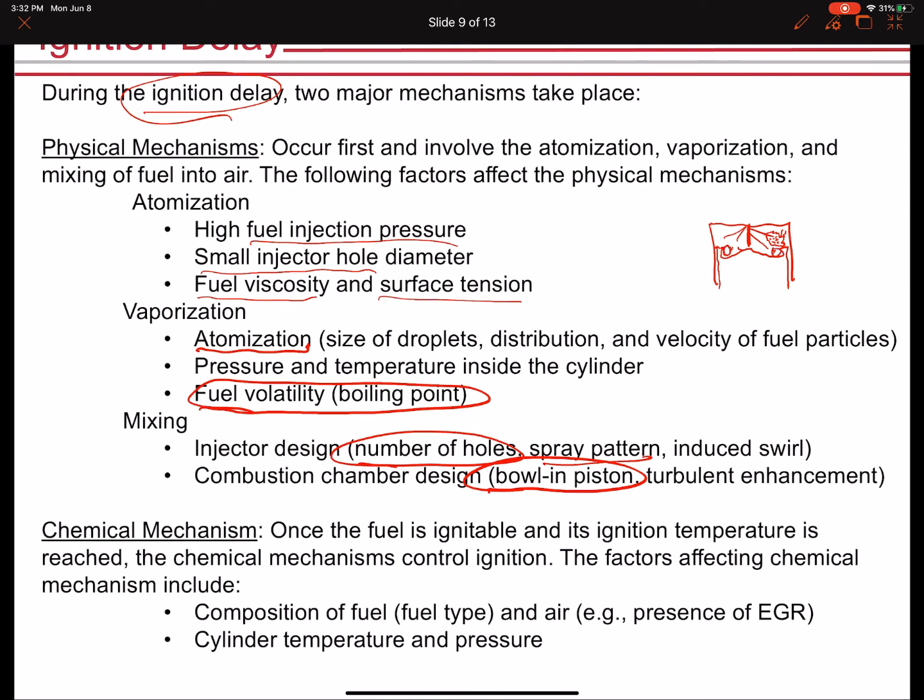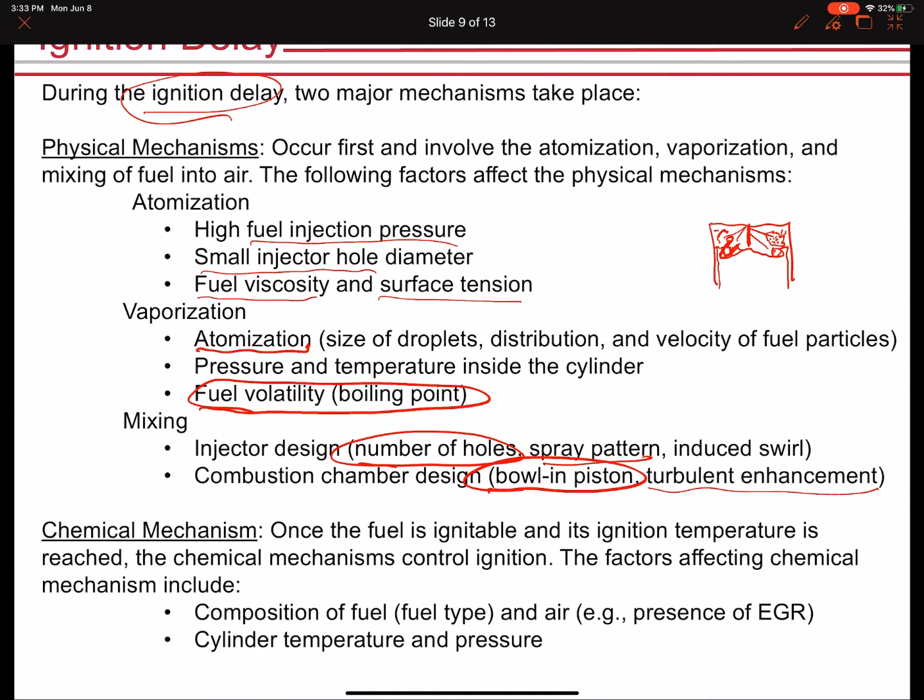It acts almost like a deflector shield where the fuel comes in and deflects off of that bowl, and then it helps spread the fuel to different parts of the cylinder. And of course, turbulence plays a key role, and as you already know, we can design in different levels of turbulence based on the combustion chamber design.